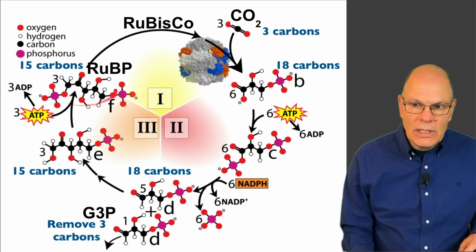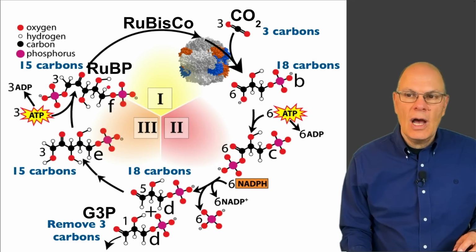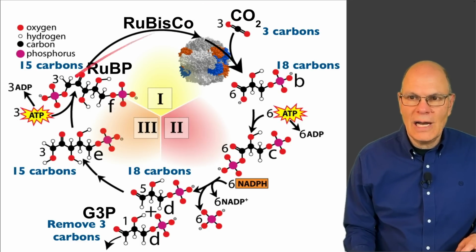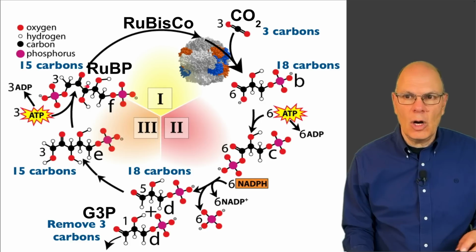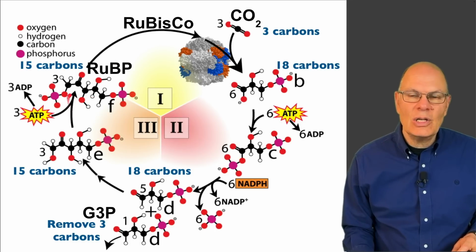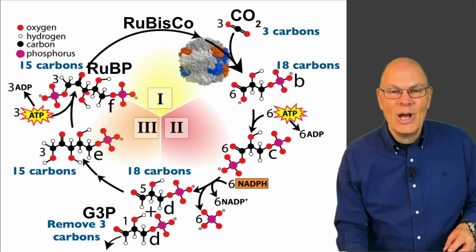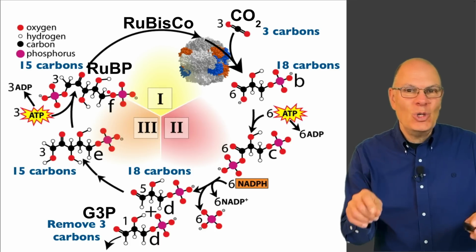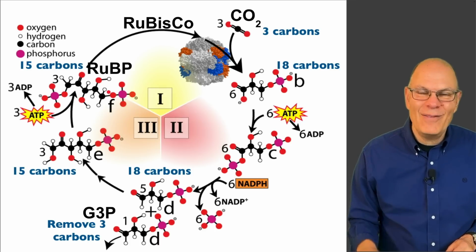And RuBP is one of the substrates of carbon fixation along with carbon dioxide. But now we've accounted for all of our carbons. We start with these 15 carbons, and after the whole process is done, we again have 15 carbons. And if you can explain that, you're set up for an A and a 5 on the AP Bio exam.